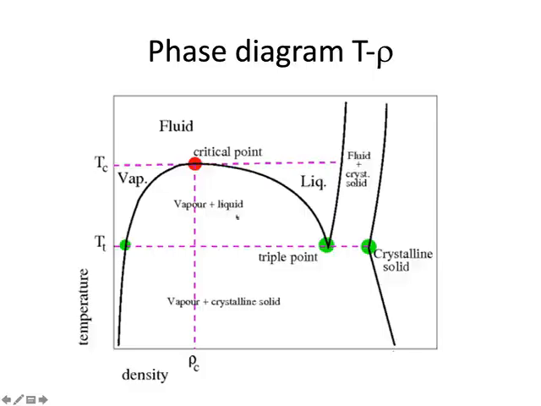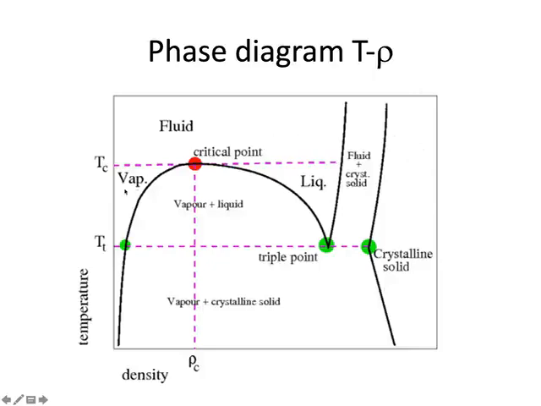In this case, at very low density, gases are low densities, and we've got the gaseous phase down here at low density, and the liquid phase is here, and at the very high density, that's the crystalline solid state.